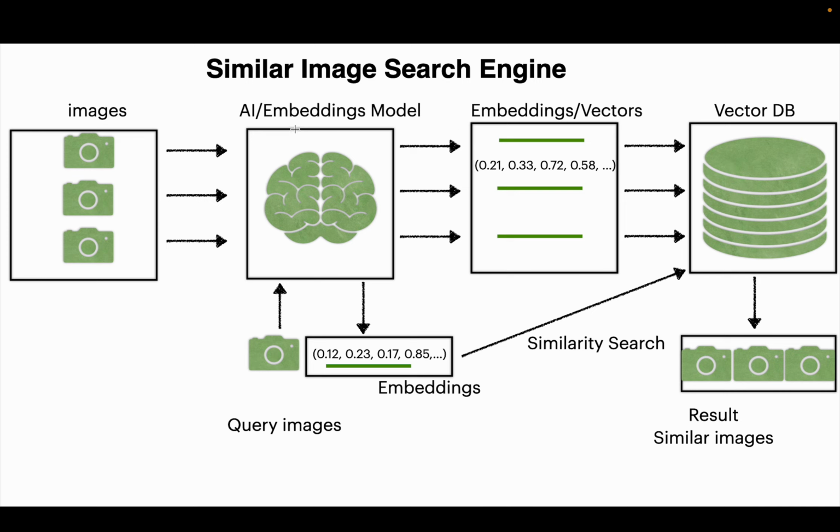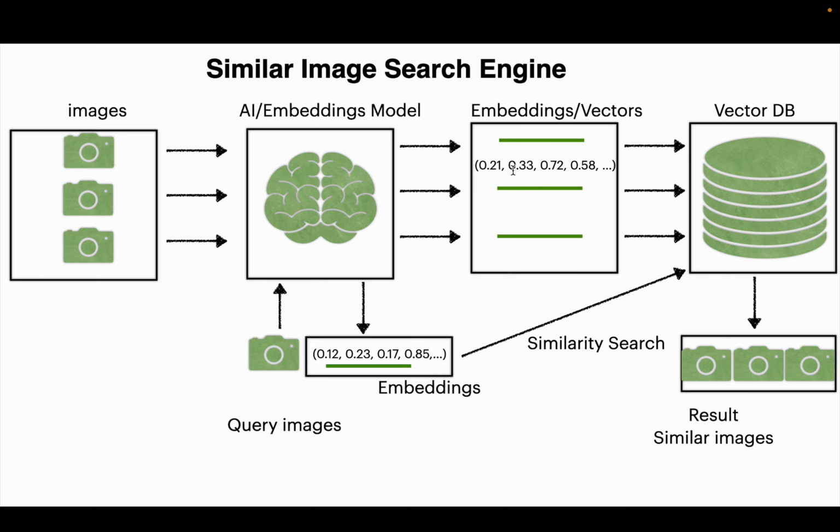Now, the distance between the vectors belonging to similar images will be small compared to the other ones. Once we compute all these vectors, we can find out how similar they are using different measures, for example cosine similarity, dot product, maybe Euclidean distance, etc. In most cases, we use cosine similarity.